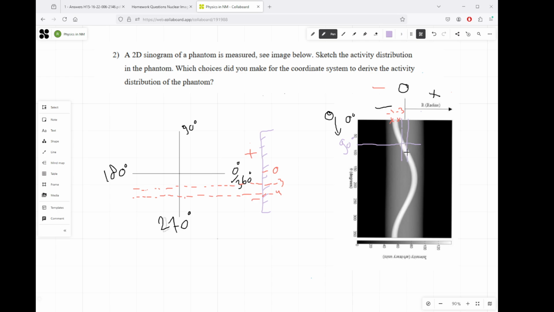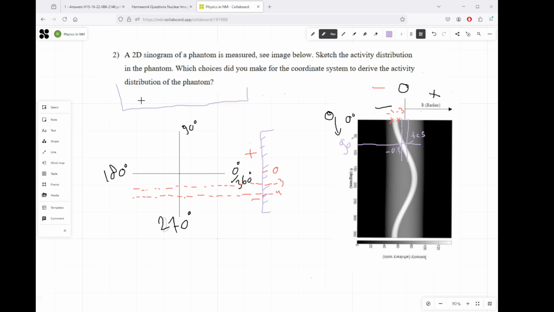So at this point it should be roughly plus a half, 0.5, and the other side should be minus 0.5. And what you can see is that this whole part of the sinogram has the same width throughout, which indicates that you're dealing with a spherical object.